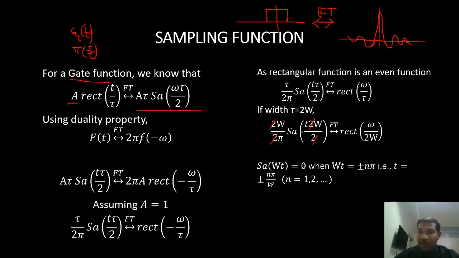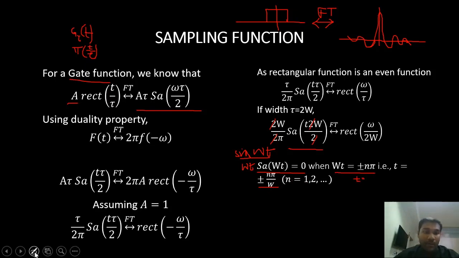Now sampling of wt is nothing but sine wt by wt, right? When is this 0? When wt is equal to plus or minus n pi. That means when t is equal to plus or minus n pi by w.